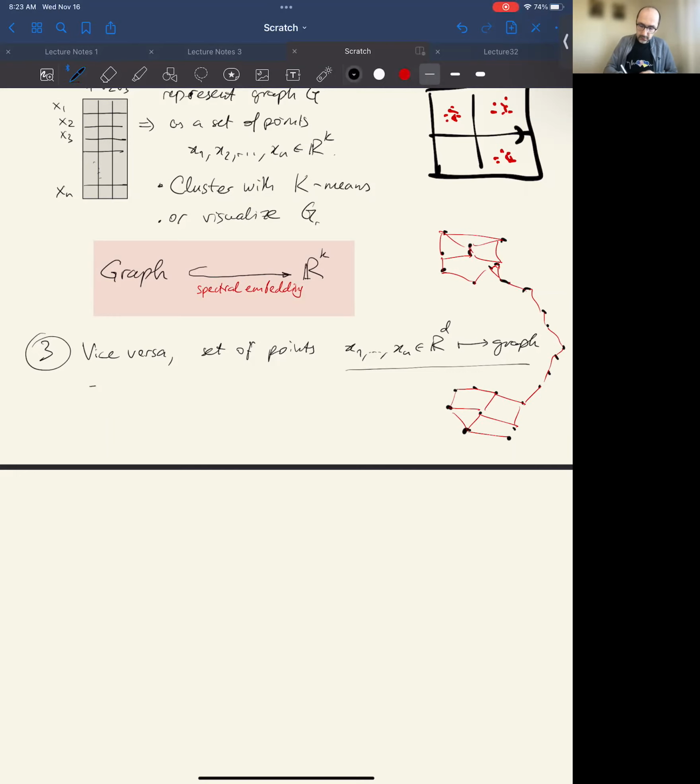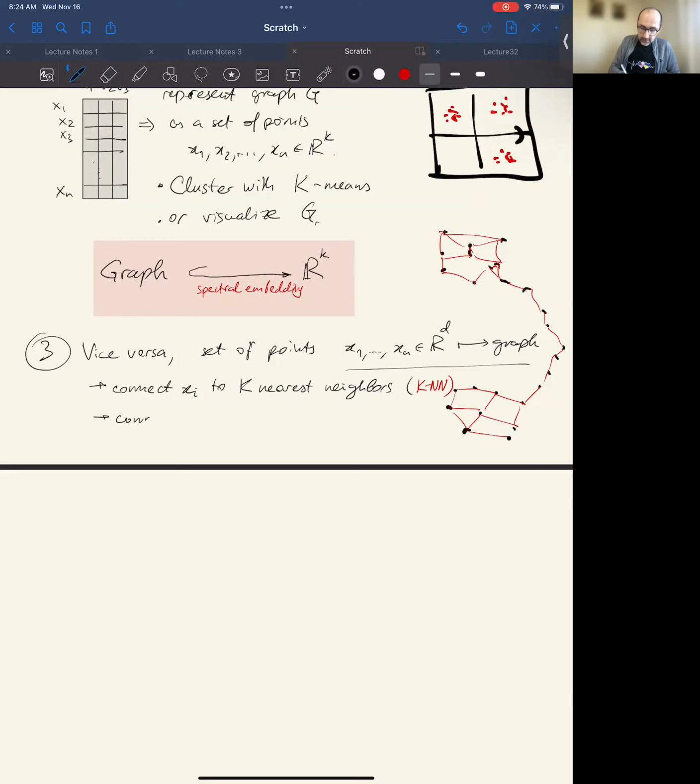We can connect each point xi to its K, let's say capital K, nearest neighbors. Two nearest neighbors, three nearest neighbors, seven is realistic. Maybe 20 at maximum. So this is called the K nearest neighbor graph, KNN.